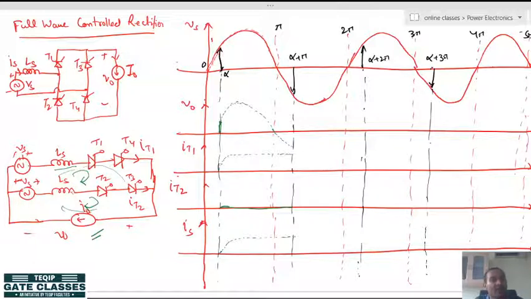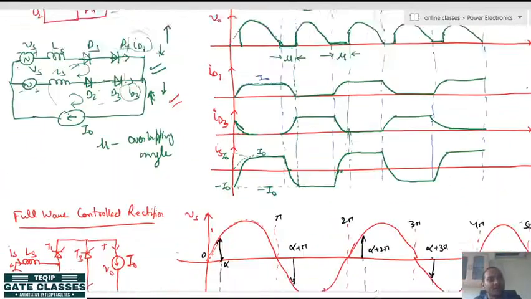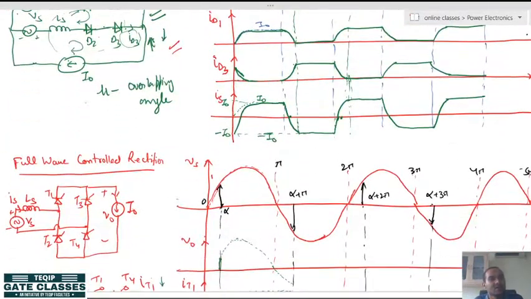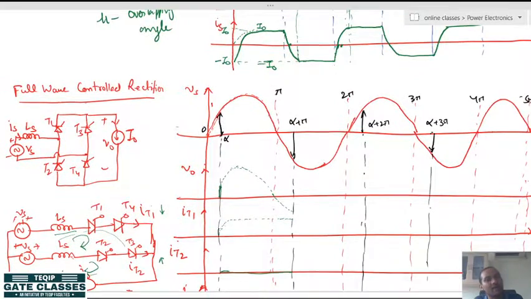So, the current IT1 will be decreasing and IT2 will be gradually increasing. Why? Because T1 and T4 are reverse biased and T3 and T2 are forward biased. That is why T1 and T4 will decrease their current, and current in T3 and T2 will continue. But please mind, in all the three circuits, the net I0 current will remain I0 only.